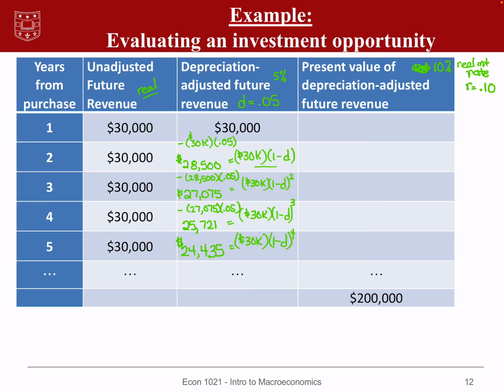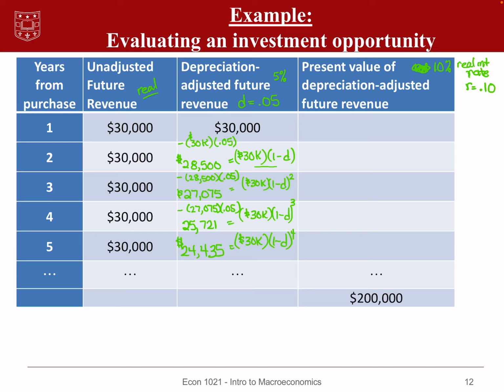So what is the present value of having this piano? Well, it would be the present value of the revenues that the Academy would get in year 1, plus the present value of the revenues that the Academy would get in year 2, in year 3, and so forth.